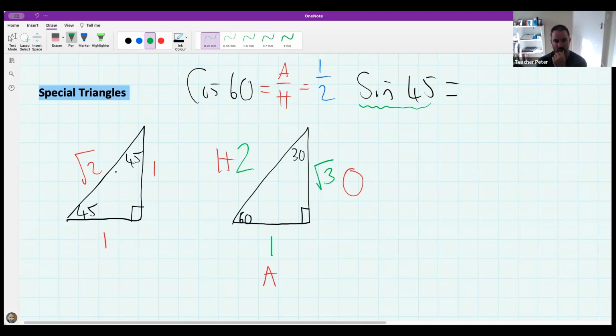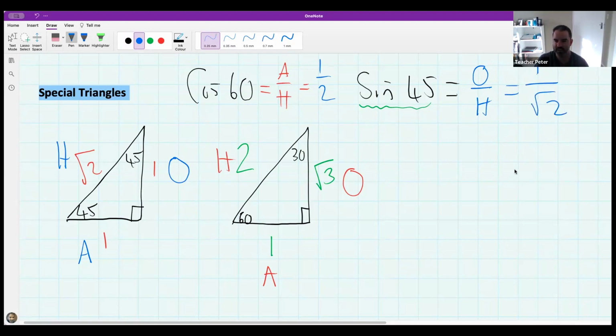I want you to look at the drawing and think about what the sine is the same as, and what do I need to substitute? So sine of 45 is O over H, and O is 1, and H is root 2.